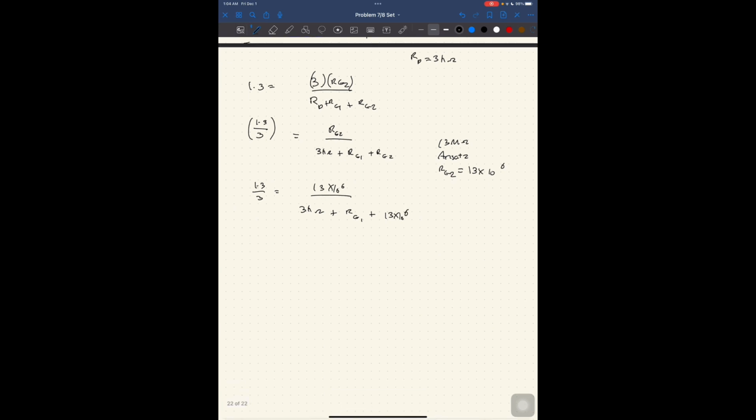And therefore 1.3 over 3, which is 0.433, divided by 13 times 10 to the 6 is equal to 1 over 3 times 10 to the 6 plus 13 times 10 to the 6 plus x, or RG1, and that gives us RG1 is equal to 17 mega ohms.